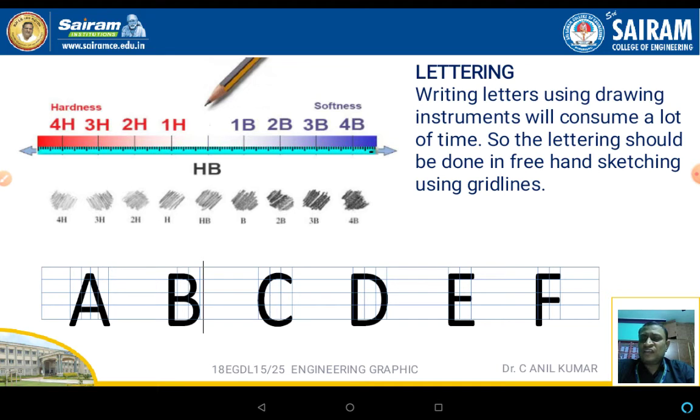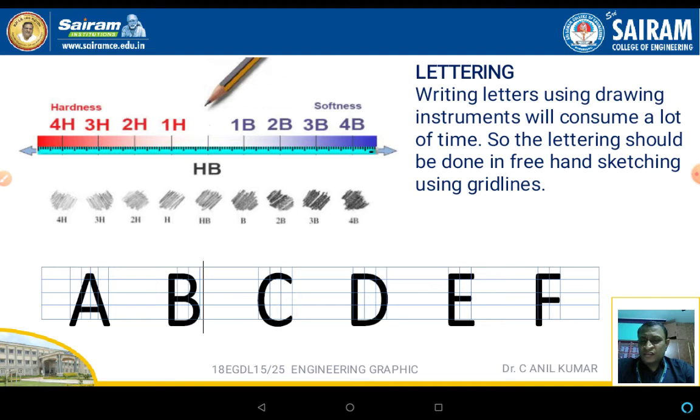The leads vary from H to B. Normally we have seen only the HB pencils. The H series is the light series, where the hardness is more. B series are the darker leads, where dark drawings can be drawn, which is the softness.